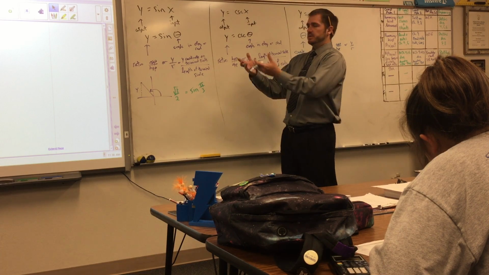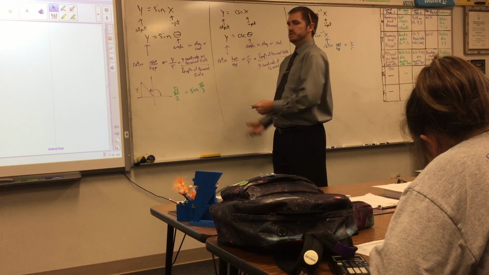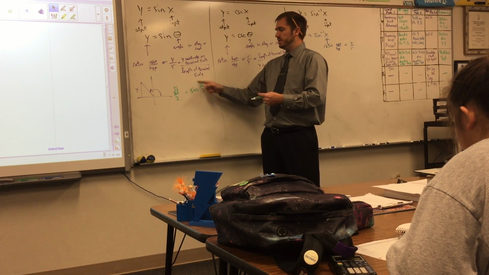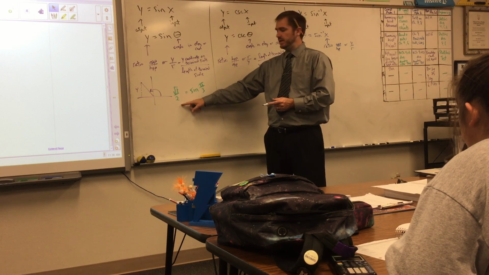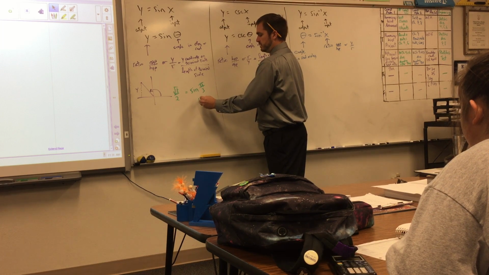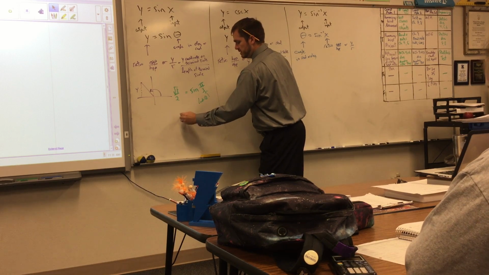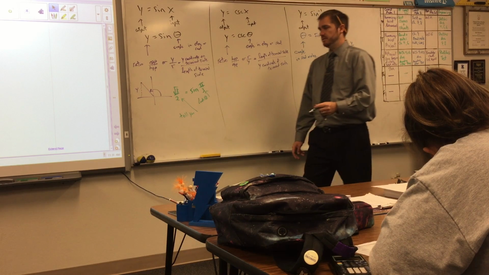So this one says the input is the angle, the output is the ratio. So you give me an angle, I'm going to look at the angle, and then I'm going to tell you what the ratio is that corresponds to that.